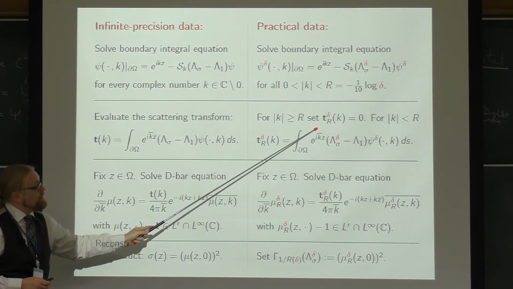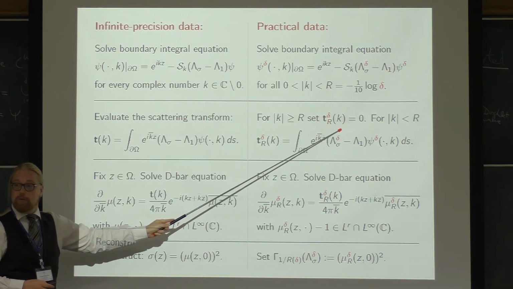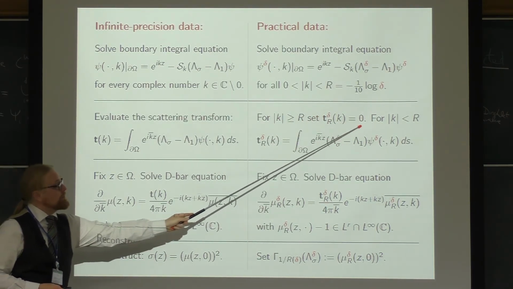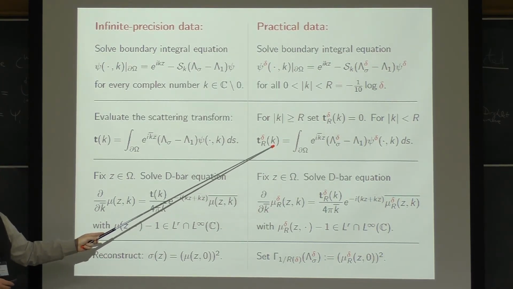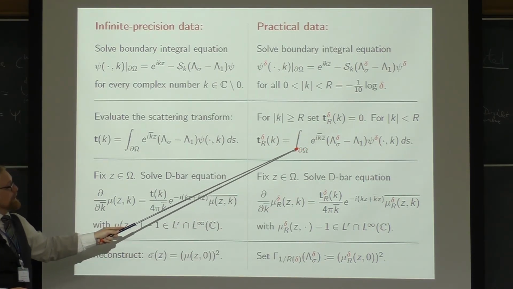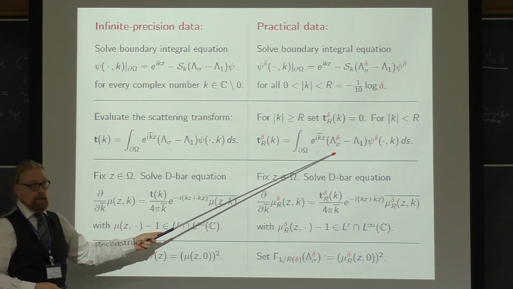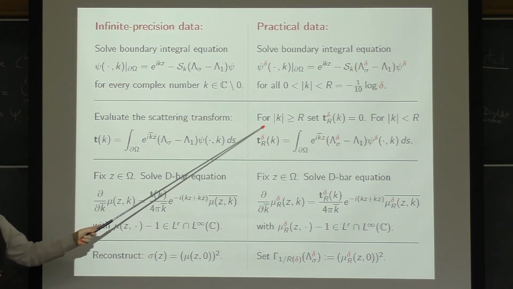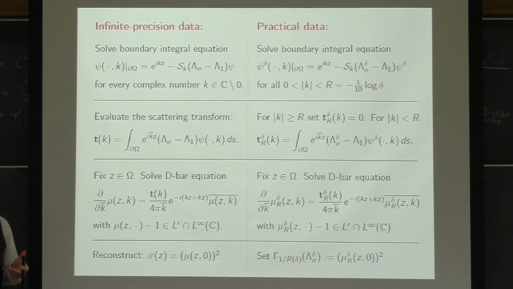Then outside that disk, let's put the nonlinear Fourier transform to 0, and inside the domain, let's compute it by this integral using the solution from here and the noisy data again here. So then we get this noisy T_R inside the stable disk.